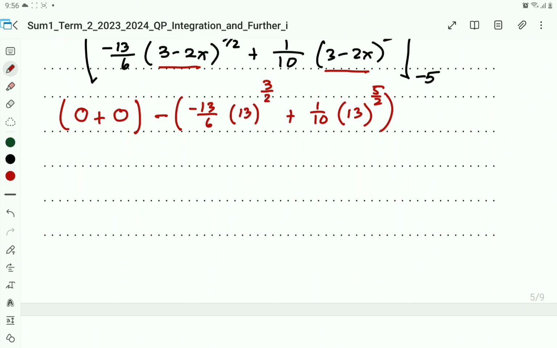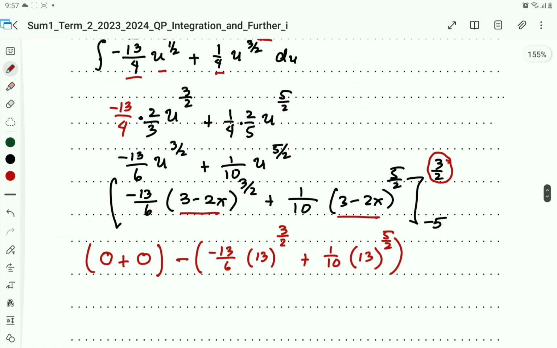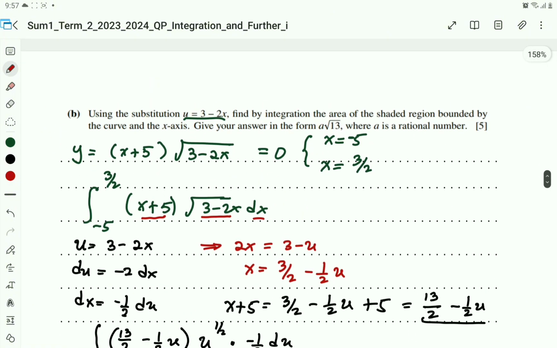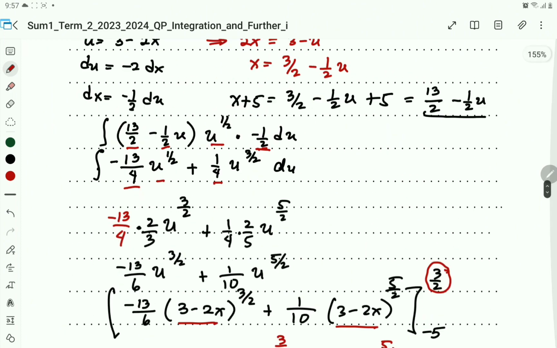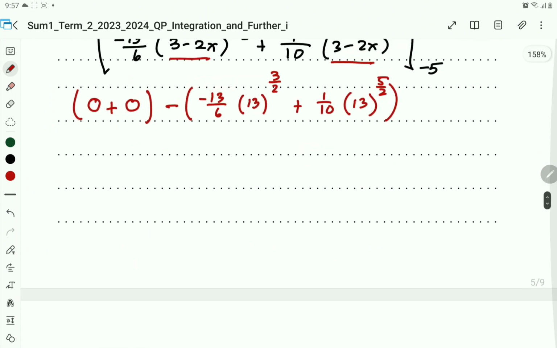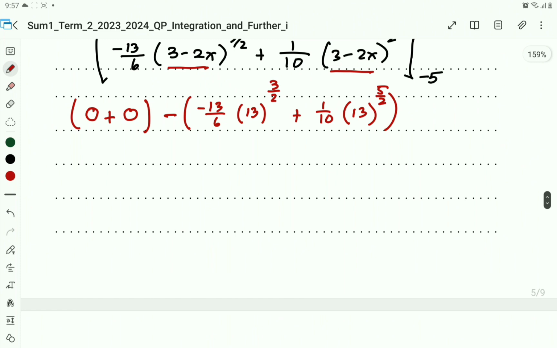In this form, let's factor out the square root of 13. How can we factor out the square root of 13 from here? Please take note that 13 raised to 3 over 2 is equal to 13 raised to 1 times 13 raised to 1/2.